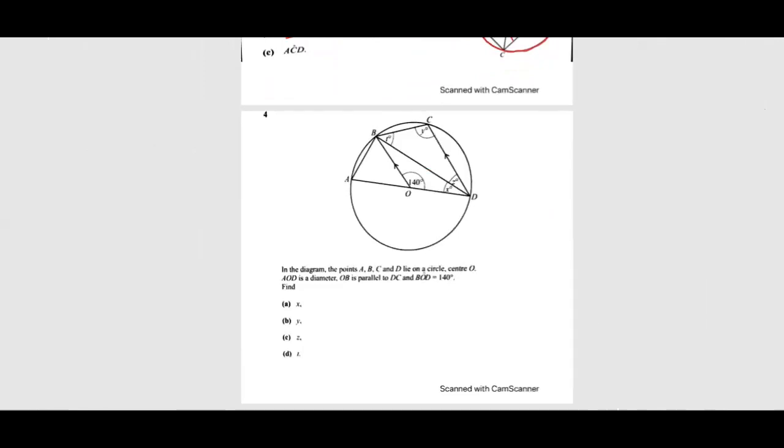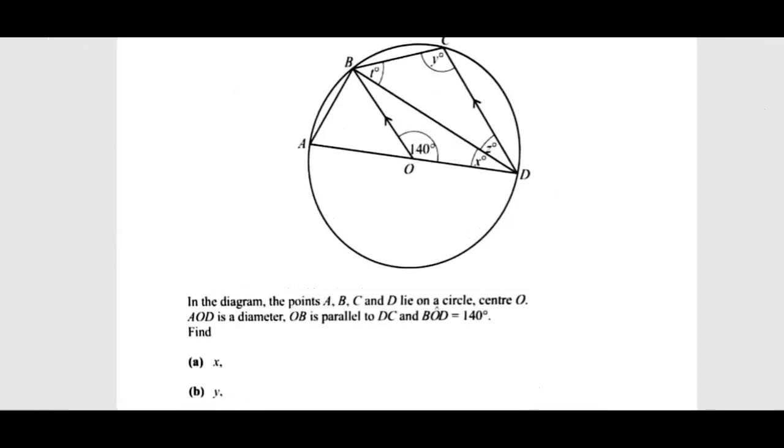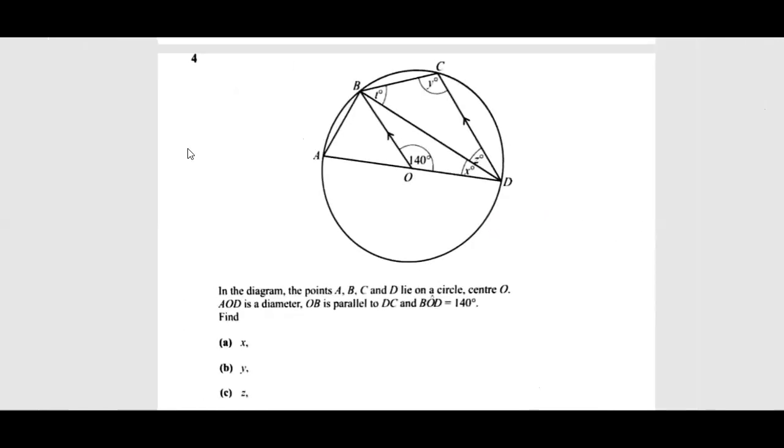Okay, now we discussed this type of thing yesterday as well. So we need to find X, Y, and Z, and we know that in this diagram, ABCD lie on a circle, center is O, AOD is the diameter. OB is parallel to DC.